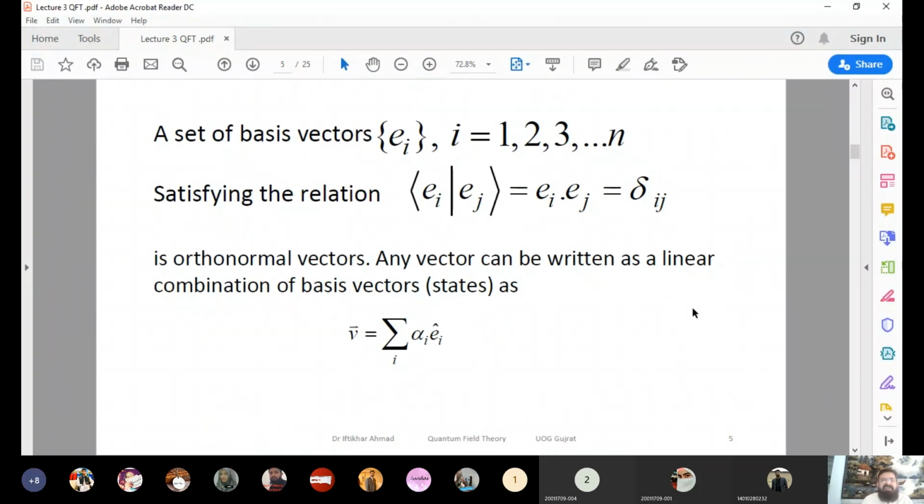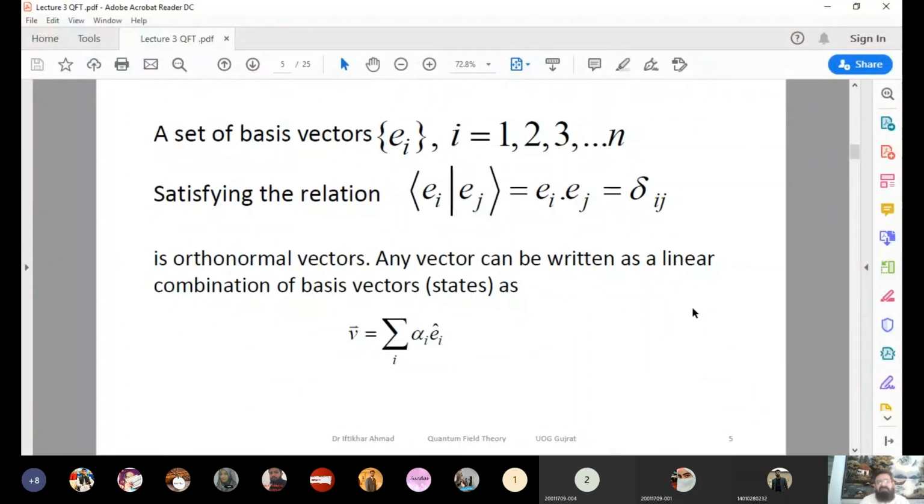It means this is an n-dimensional vector space satisfying the relation that every basis vector is linearly independent. They satisfy the inner product of e_i and e_j, which is e_i dot e_j, equal to the canonical delta ij. If i equals j, then delta ij equals 1. If i is not equal to j, then delta ij equals 0.